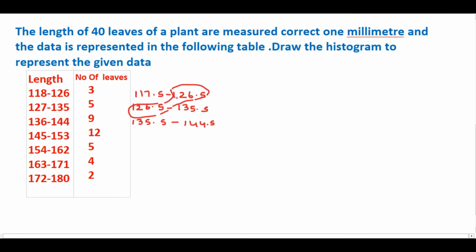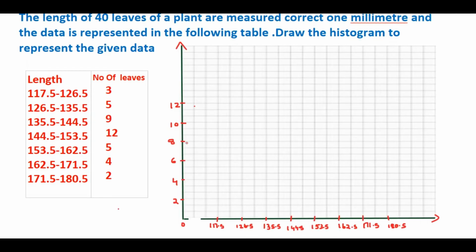The lower limit and upper limit of two consecutive classes are the same, and this type of class interval is also called exclusive form. Only the lower limit will be included, the upper limit will not be included in such type of class intervals. So I have changed the class interval to continuous form, 117.5 to 126.5. We have subtracted 0.5 from the lower limit and added 0.5 to the upper limit.